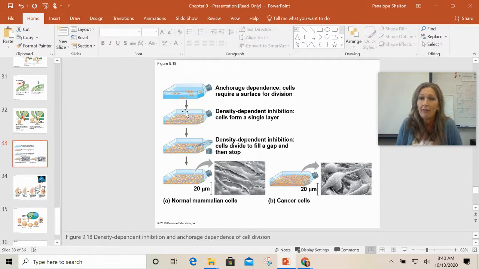So I should not have a muscle cell, even if I injected like muscle fiber cells inside your bone. Well, that muscle fiber cell, even if it was a stem cell, should not be growing into bone. It's not the right extracellular matrix that triggers it to actually grow into its specialization and its specialized form. So anchorage dependency requires that special surface for cell division, that right extracellular matrix, in order to perform.